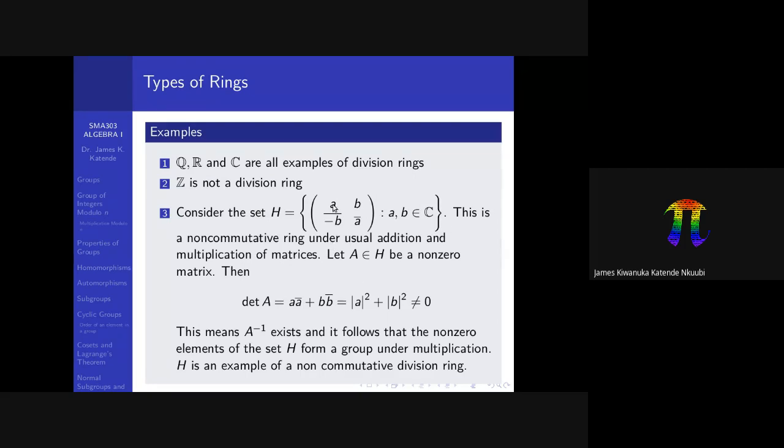A matrix is structured as follows. The first row will just have A and B, and then the second row will have the negative of the complex conjugate of B as the first entry, and the second entry is the complex conjugate of A. You learned about the complex conjugates.